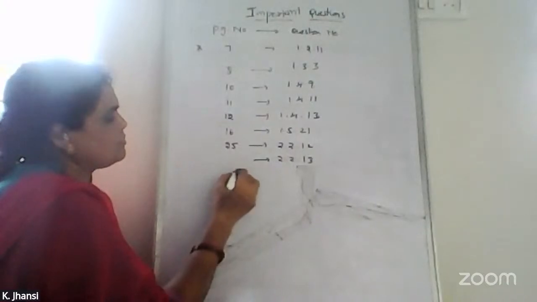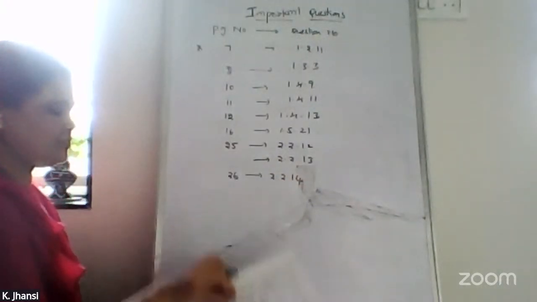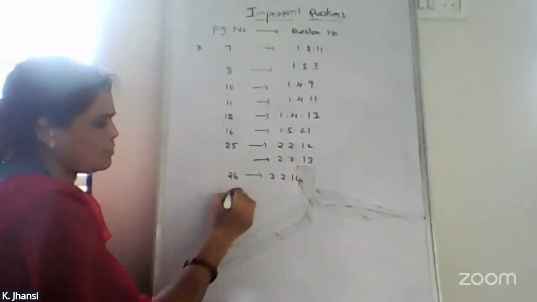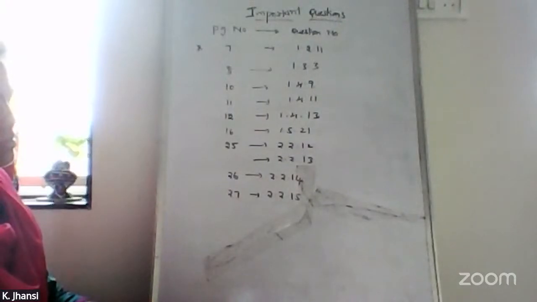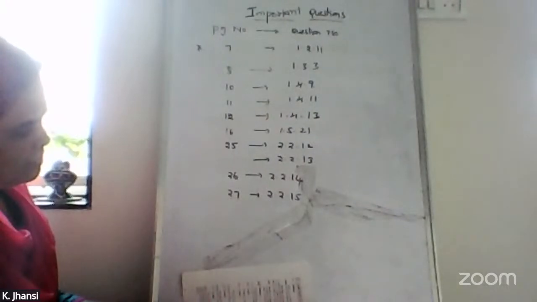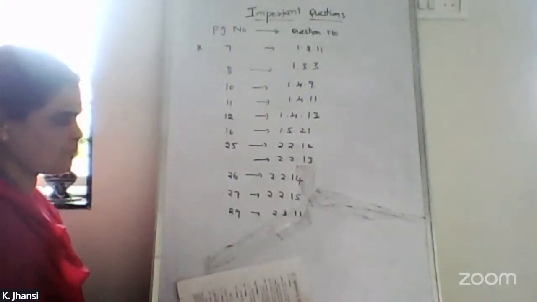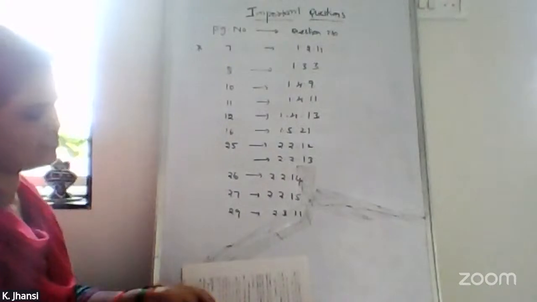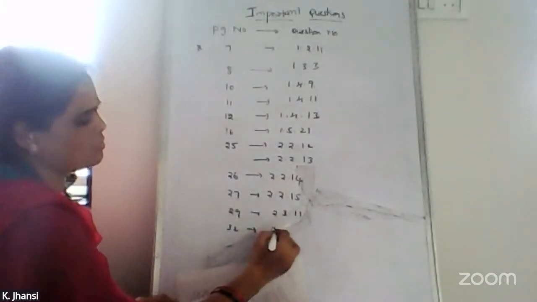Next 26, 2.2.14. 27, 2.2.15. For 29, 2.3.11. And page number 32, 2.4.3.